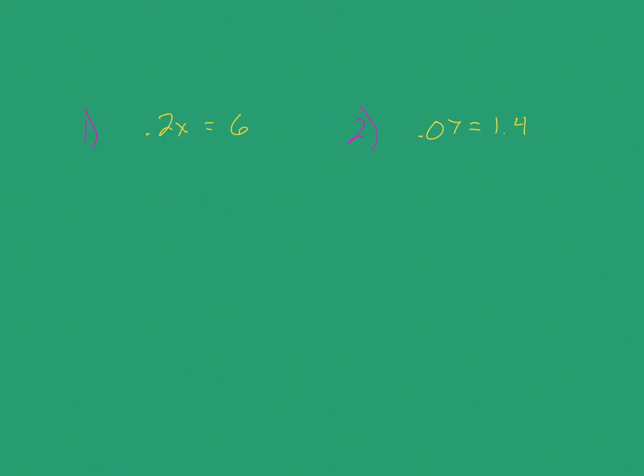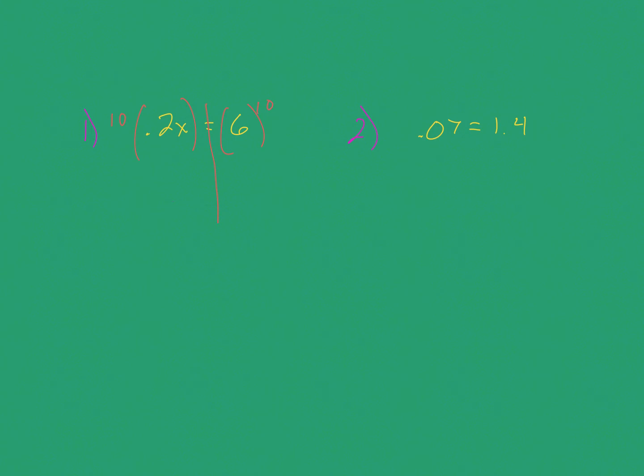All right, here's a look at two problems with a decimal in them. All right, so I know naturally you'd say, well, I'm just going to divide both sides by 0.2 because we have the 0.2x. Well, something that we may want to do to make things a little bit easier is multiply both sides by 10.